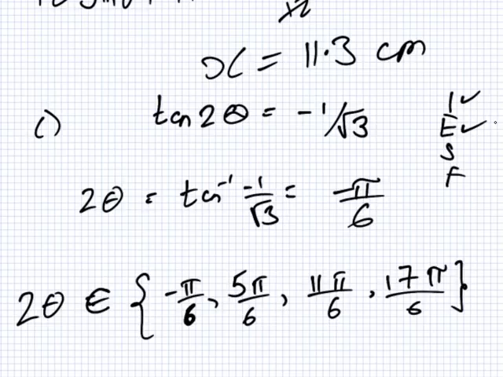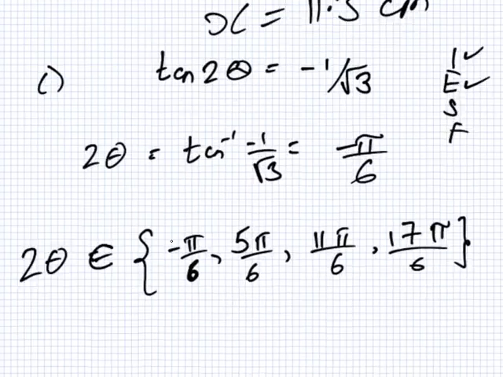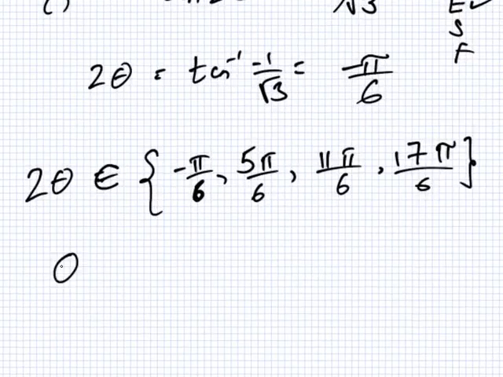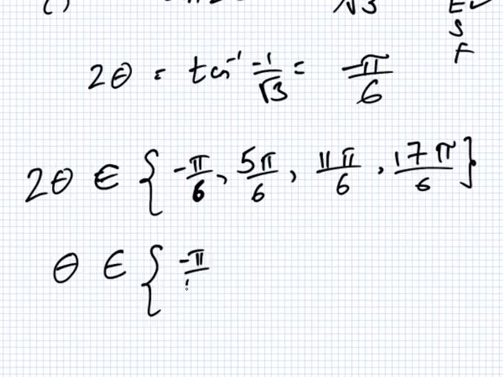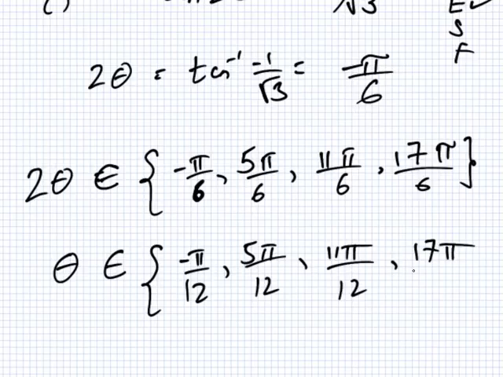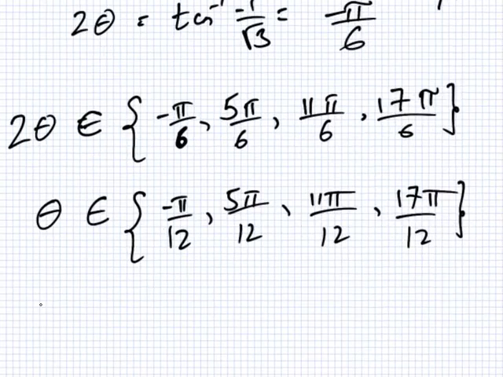Simplify. I should simplify now. So divide by the 2. Minus pi over 12, 5 pi over 12, 11 pi over 12, 17 pi over 12. And finally, fix any answers. Which answer needs fixing? First one, because it's minus. I fixed that by adding 2 pi to it.